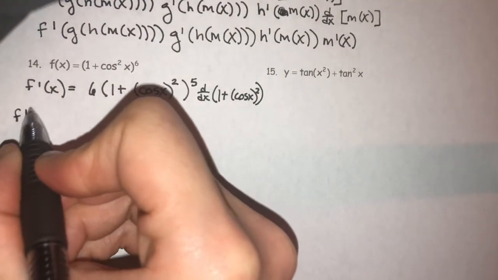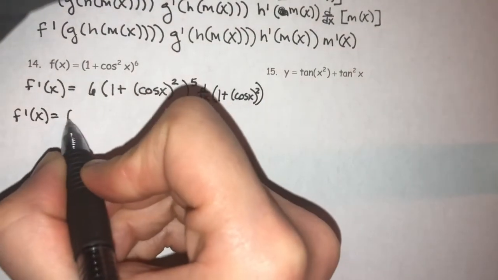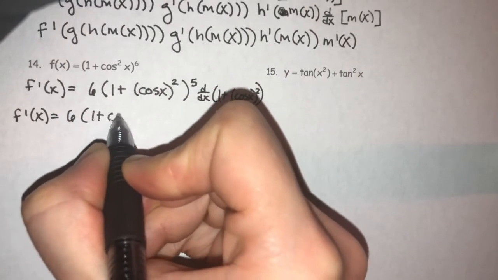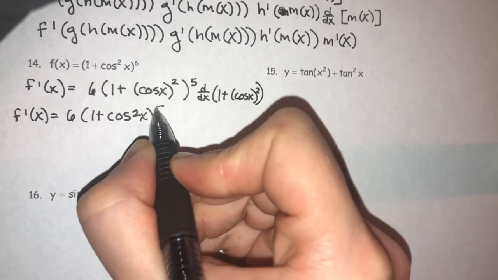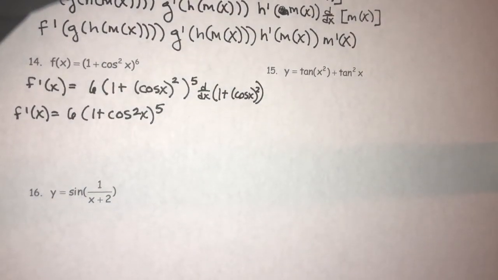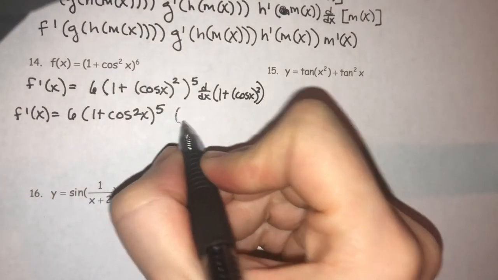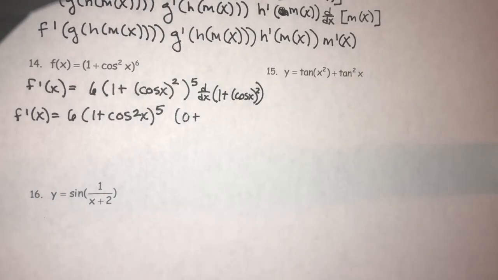So the stuff that's in front just gets brought down. And we could even write that cosine squared of x. It's inside the parentheses and it's not changing any, so we're kind of done with that. Now, the derivative of 1 plus the cosine of x quantity squared, the derivative of 1 is 0, so you can just put a 0 plus, or you don't have to write that at all.